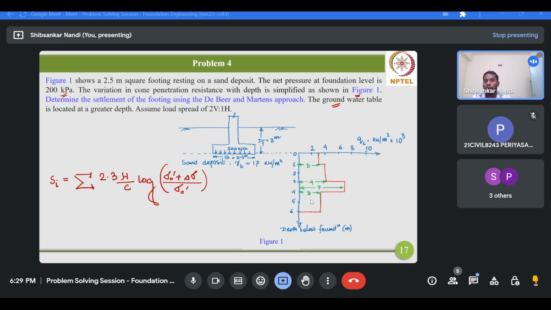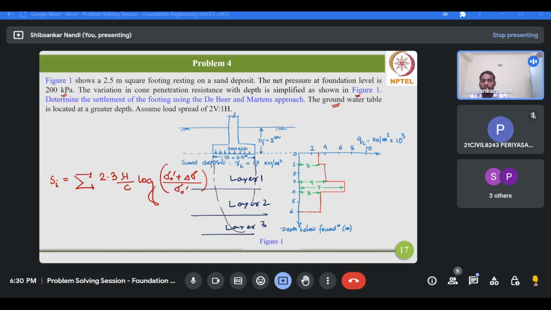Now how can you do this layering, or what is the basis of this layering? Either the layering is very straightforward and clearly mentioned. Suppose I show it in this fashion: this is layer 1, then layer 2, and layer 3, and all these layers are within the zone of influence.